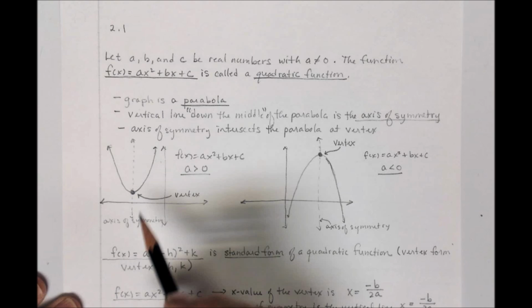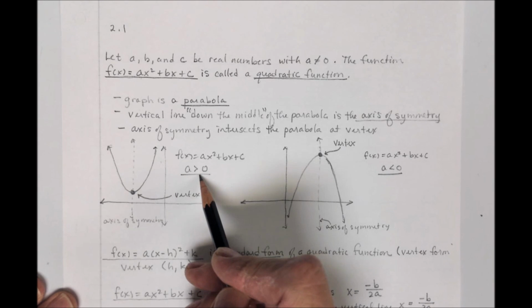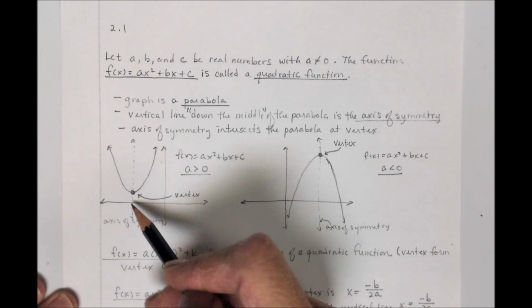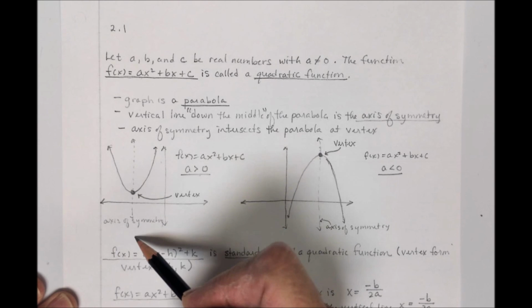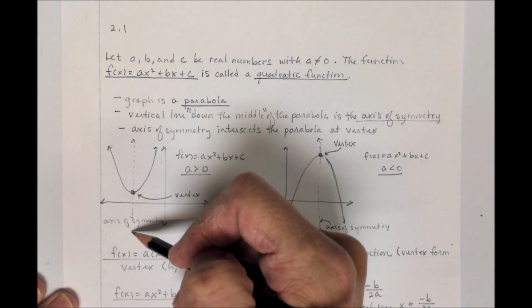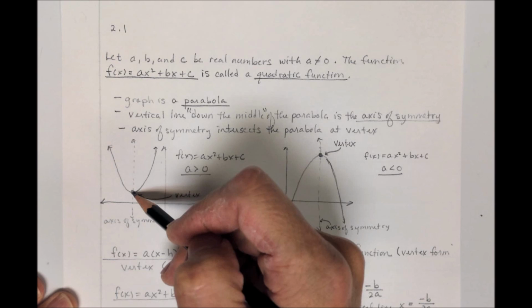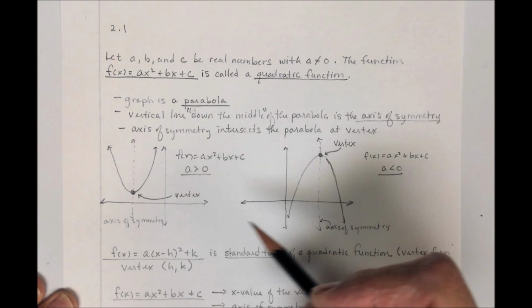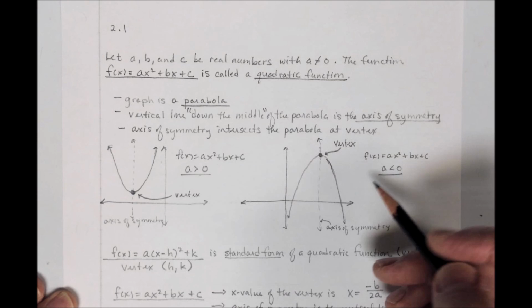So you can see here for a quadratic function, this one with a greater than 0, for convenience I put it over here in what would be the second quadrant, and I drew in a sample axis of symmetry, and where the axis of symmetry intersects the parabola, that's your vertex. Same thing over here, only the difference being that a is less than 0, so it opens downward.